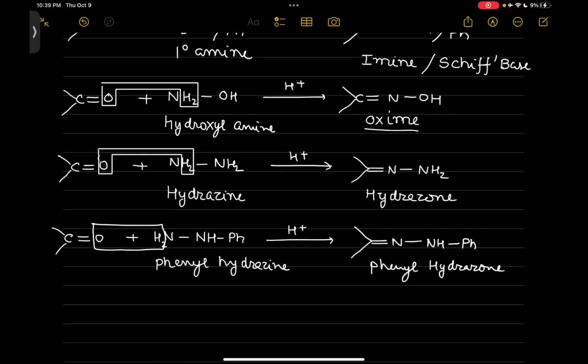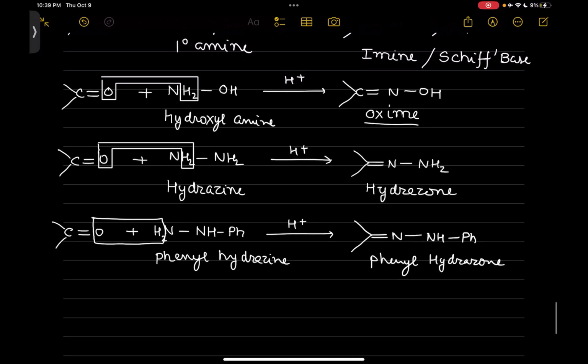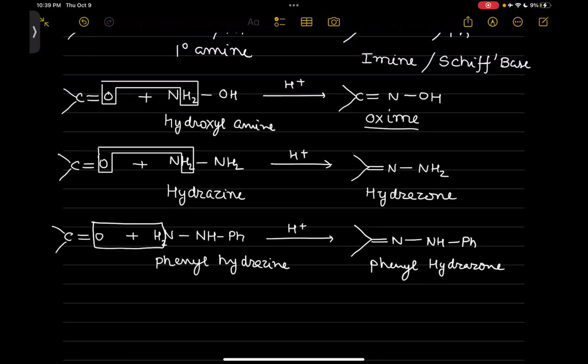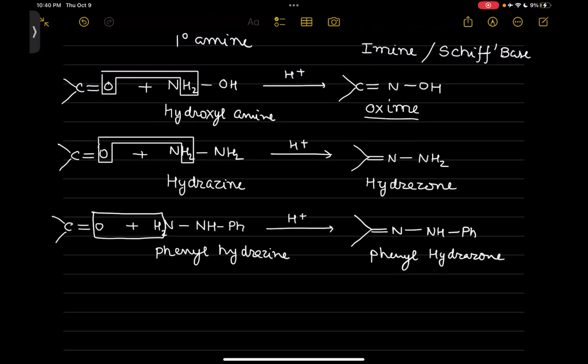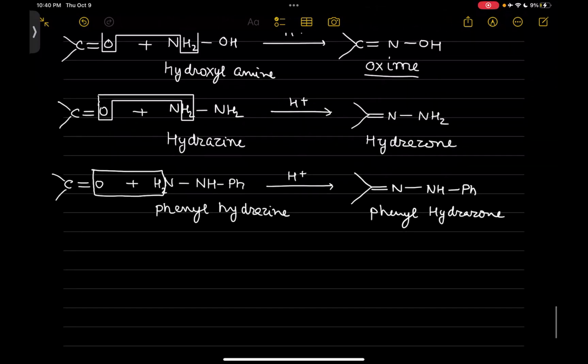Very, very important to remember the name of the reactant as well as the product. Now I'm going to write another reactant of this series of reaction, very similar to the above reactant.